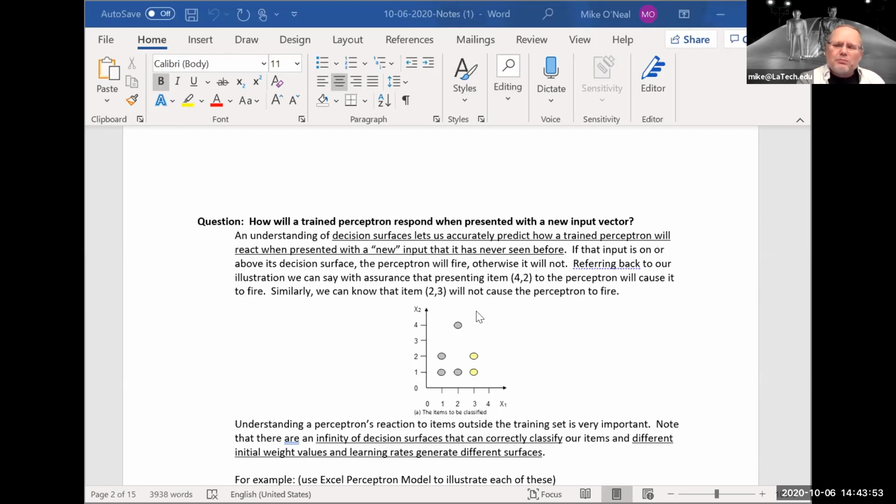I could probably draw a line. It would depend on the exact spacing, but I might be able to draw a line where this guy was gray. You might be able to get a straight line. You might not.